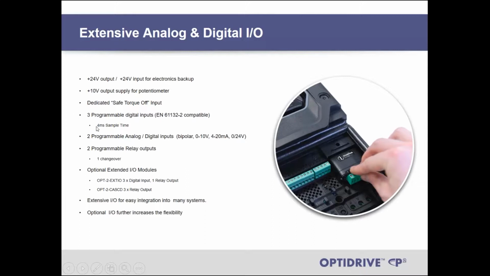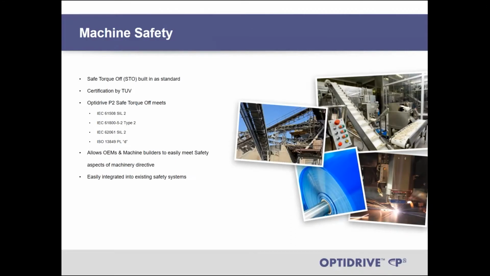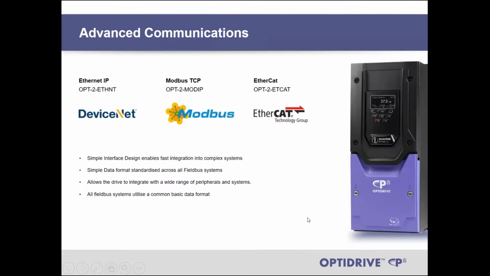We have, for example, the analog or digital input card, or the relay card, and also the protocol cards I will show you over here. For the P2 drive, we have Profibus, Profinet, DeviceNet, and also Ethercat and Ethernet IP available with the external modules.